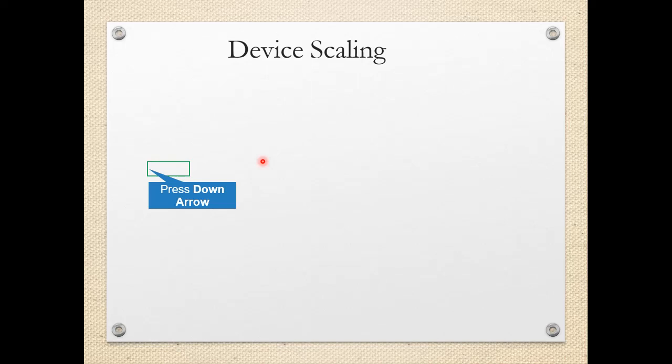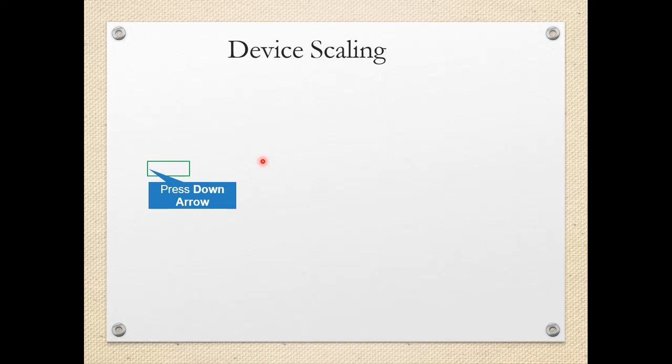Now we'll go to the next point, that is device scaling. So we have studied the operation of MOSFET in more detail, and now we'll go for the device scaling. Now what do you mean by device scaling?